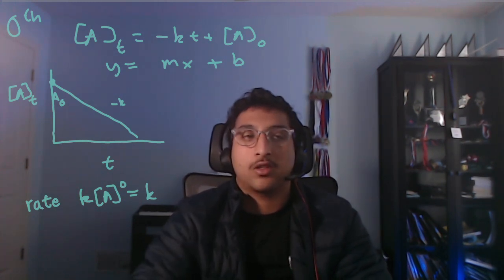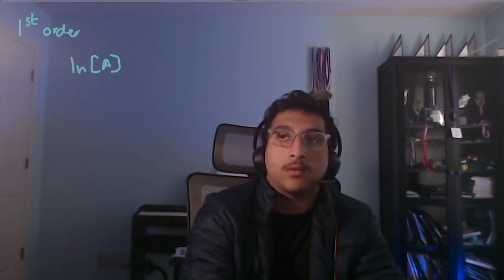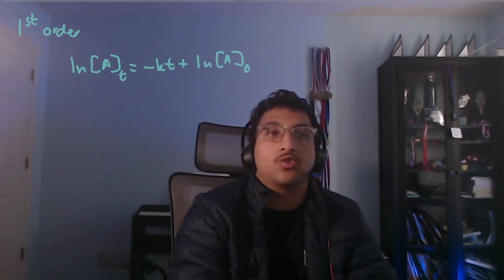The slope is constant. So first order is going to get a bit more complex, but first order is natural log of A at time t is equal to negative k times t plus natural log of A at initial concentration.